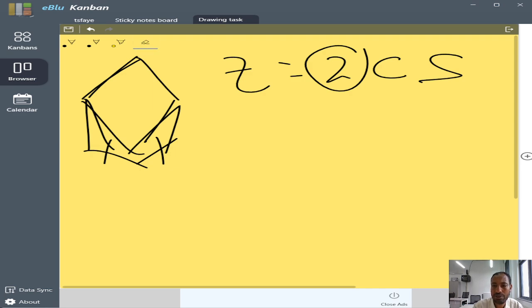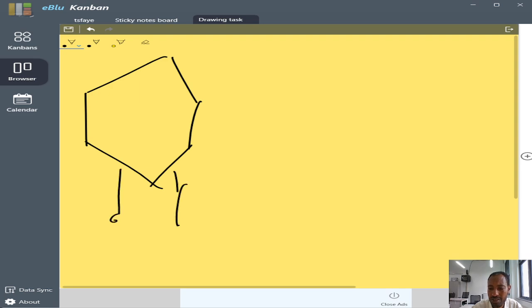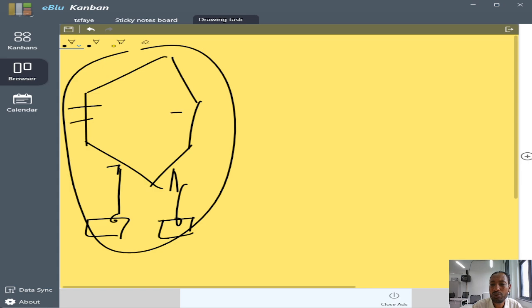Let me erase this, sorry. The winding most of the time looks like this: one terminal, another terminal, which is connected to the commutator. This is called a coil, and it has 2 sides.